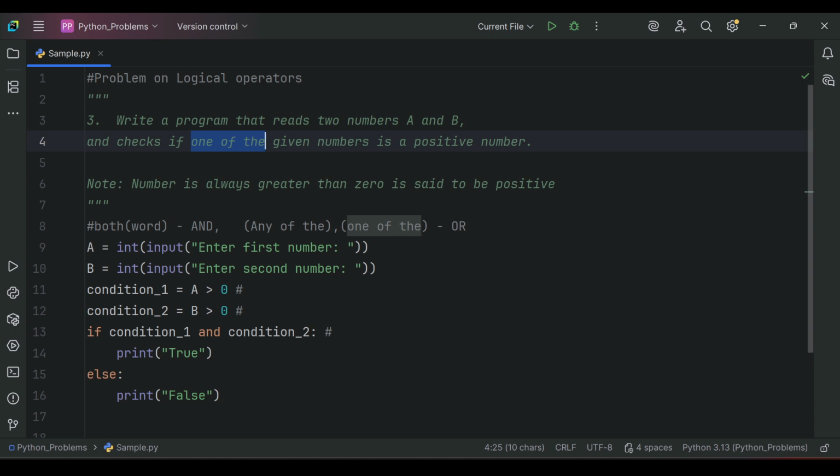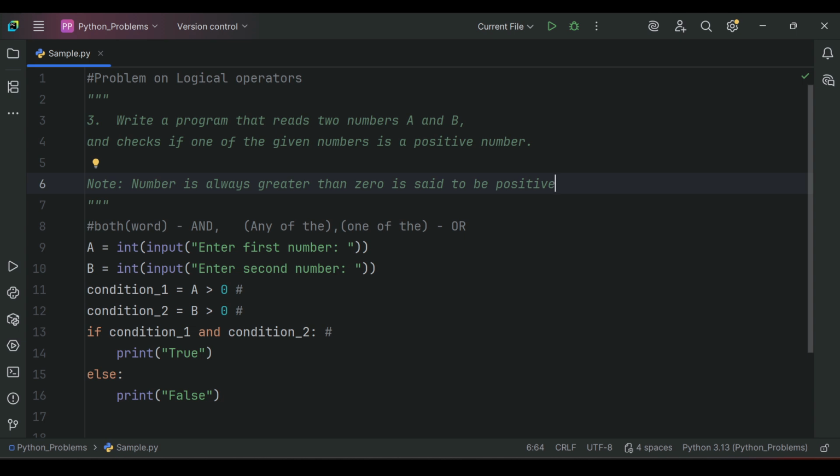Suppose both conditions become false, the output will print false. Already I told you clearly, any of or one of, this type of words coming in a problem, that word indicates the OR symbol. Please all of you keep this in mind, friends.